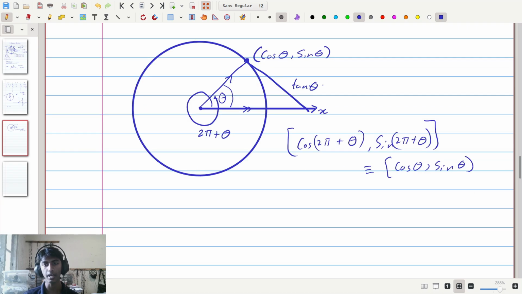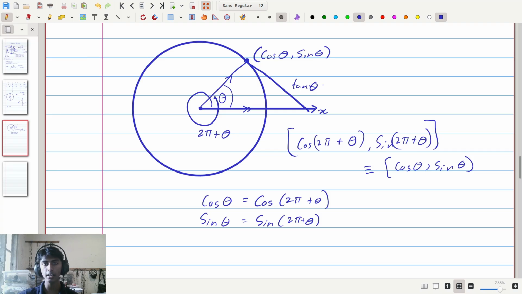Which means that cosine of theta has to be equal to cosine of 2 pi plus theta, and similarly sine theta has to be equal to sine of 2 pi plus theta. What this means is that rotating a full circle and coming back to the same point did nothing to sine theta, cos theta.